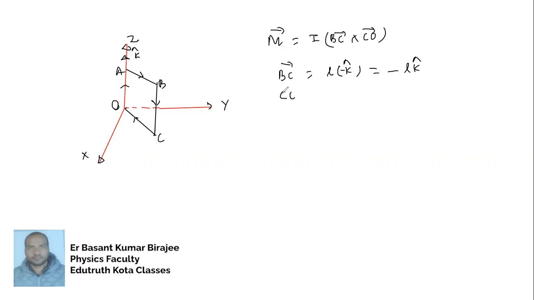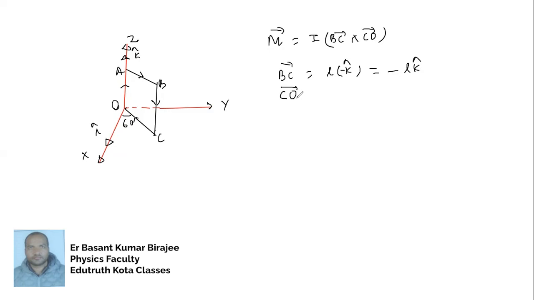Similarly, see the CO side, this side CO is making 60 degrees with the x-axis. So we will have to resolve this into two components. It is making 60 degrees with the positive x-axis, and that's why we can resolve it into two components.